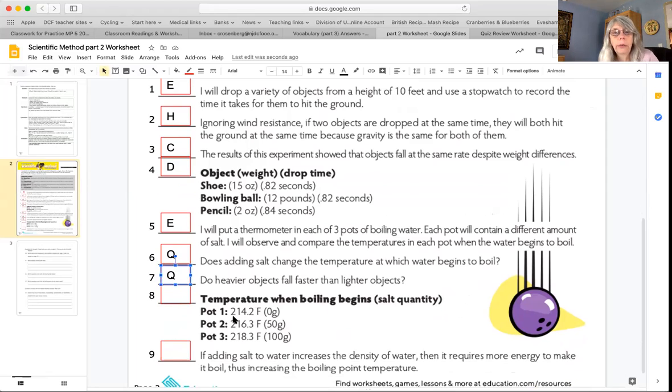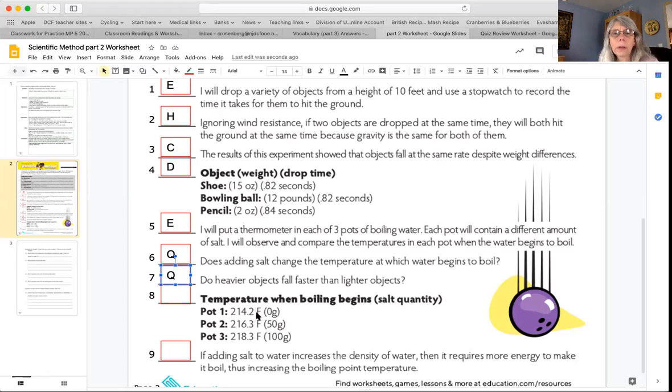Temperature when boiling begins and salt quantity. Pot 1: 214.2 degrees Fahrenheit when there's no salt, 216.3 degrees Fahrenheit when there's 50 grams of salt, and 218.3 degrees Fahrenheit when there are 100 grams of salt. All right. The official boiling point for pure water in Fahrenheit is 212 degrees.